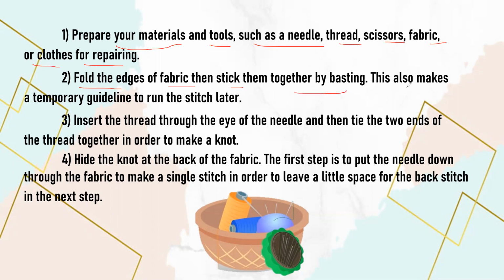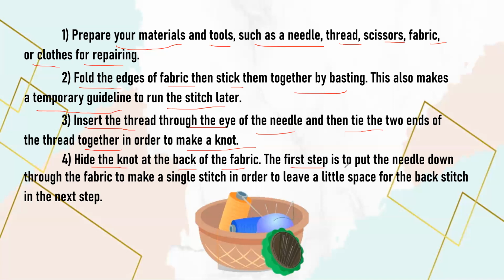This also makes a temporary guideline to run the stitch later. Number 3, insert the thread through the eye of the needle, right? And then tie the 2 ends of the thread together to make a knot. Number 4, hide the knot at the back of the fabric.